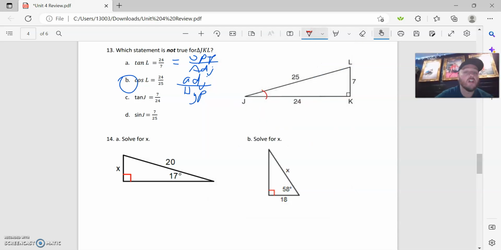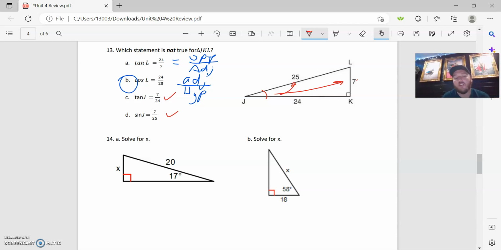Couldn't tell you what the angle is exactly, but I do know that the ratio of the sides for tangent for J would be opposite, 7, over adjacent 24, which checks out. We're good there. And now we look at J again, and we look at the sine. Sine is opposite. From J, the opposite side is 7, yes, and the hypotenuse 25.